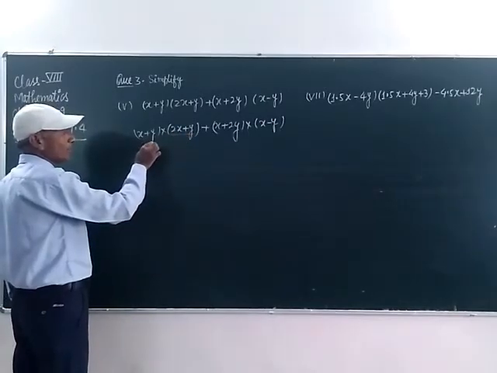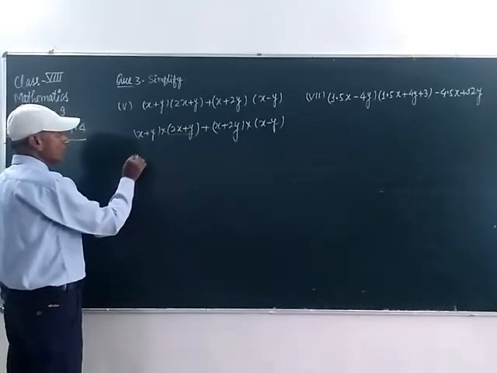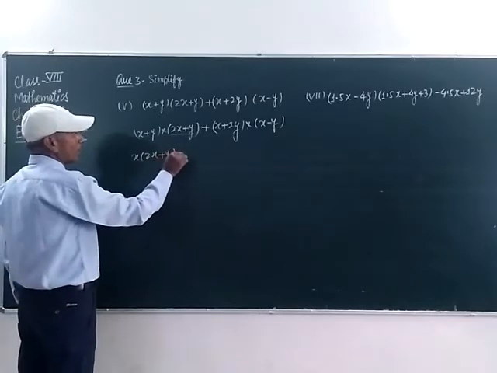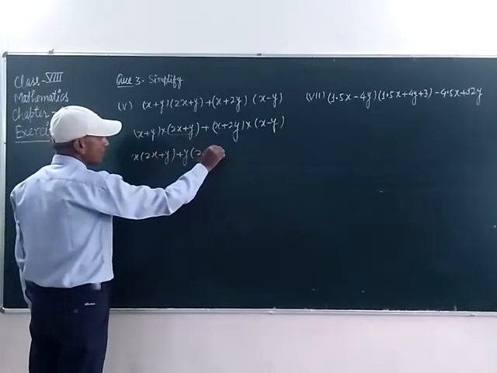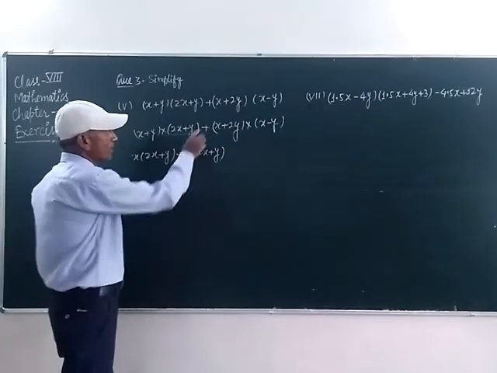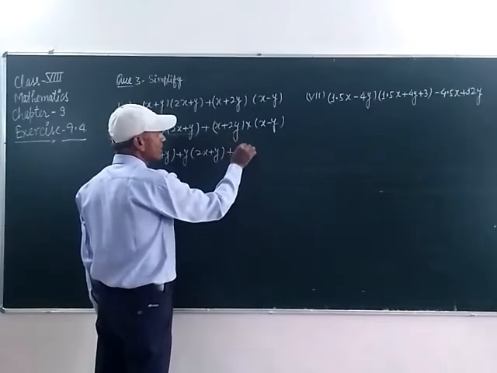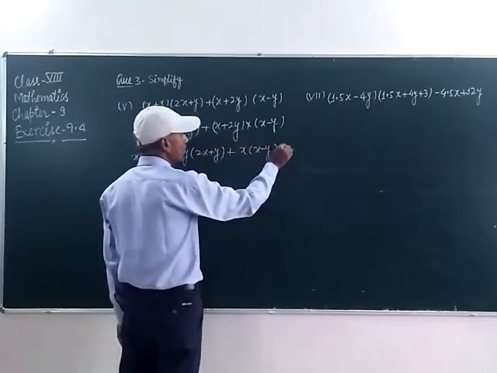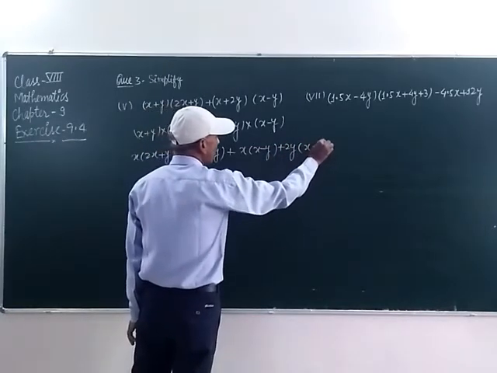After that, we multiply y with 2x + y. Then we multiply x with x − y, and 2y with x − y.